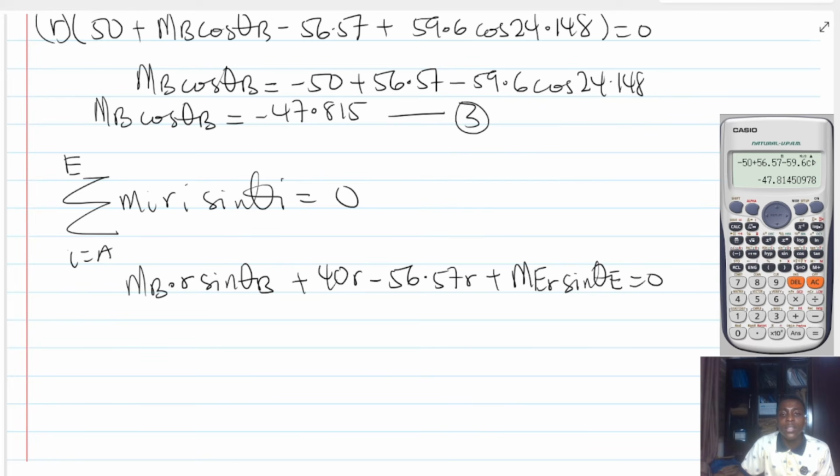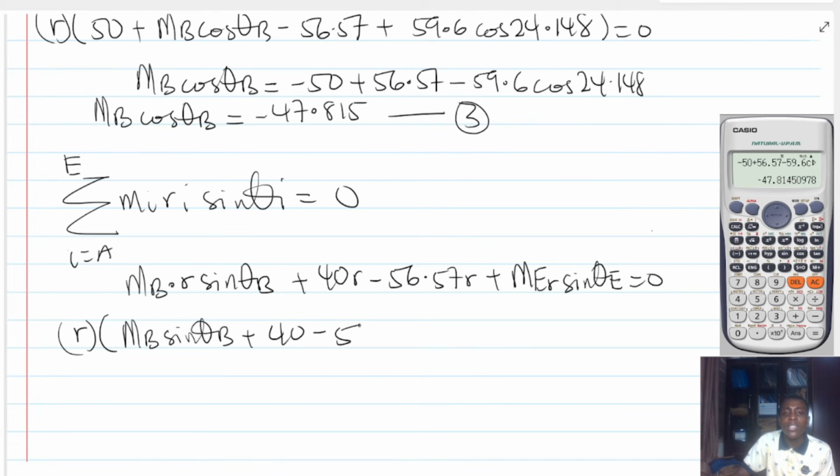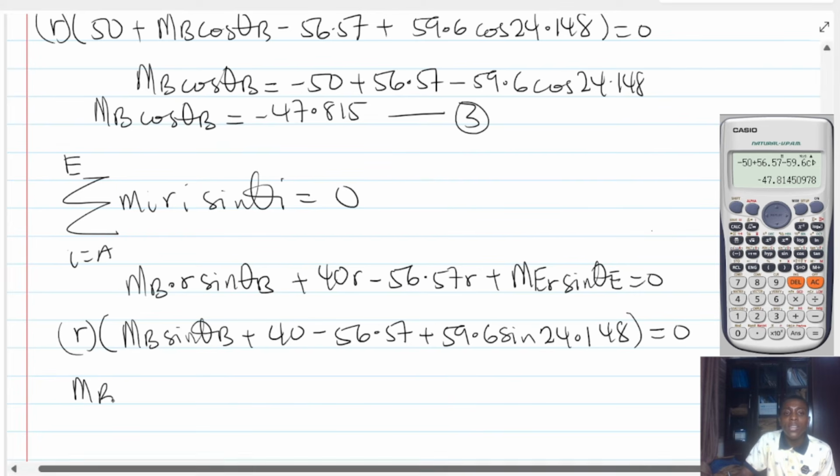Is that right? But we know the values. Okay. Let's first of all factorize R out. So I have MB sine theta B plus 40 minus 56.57. And then plus ME, which is 59.6, sine theta E, which is 24.148.